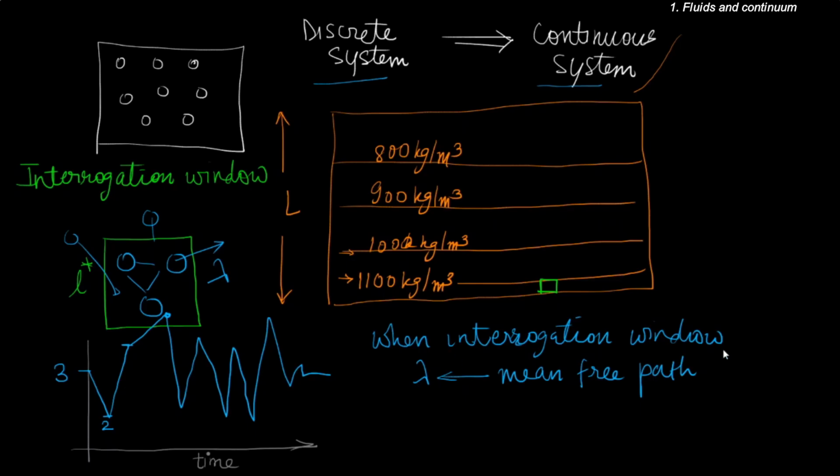So if the interrogation window is of the same order of magnitude as the mean free path, then there is a large variability in the density.